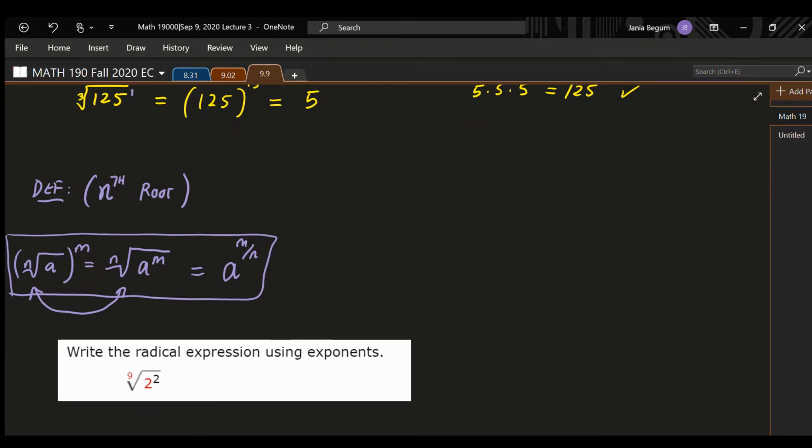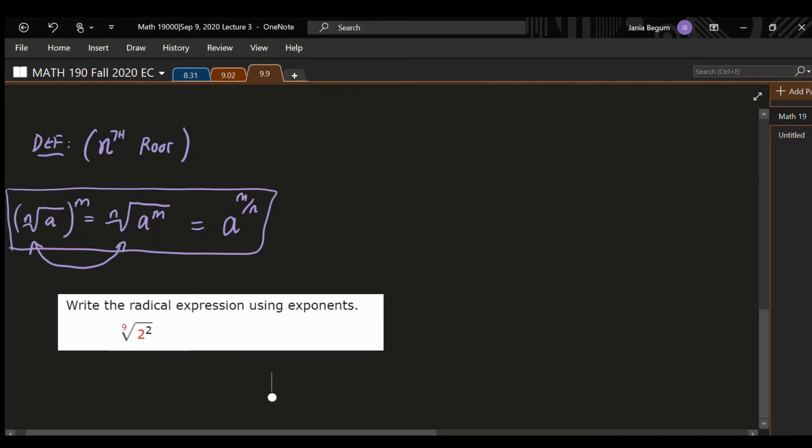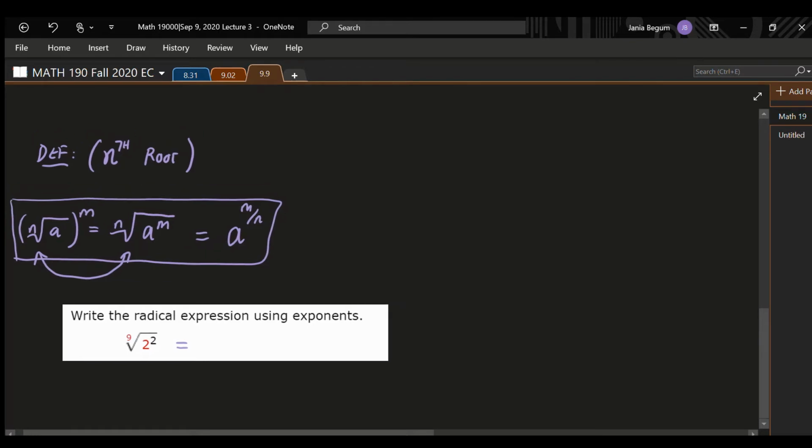Alright, so let's look at this problem. We want to write the following in exponential form. All you're doing is identifying what your m is and what your n is and rewriting in fractional form. So what's m and what's n in this problem? What will be the exponential form for this one?